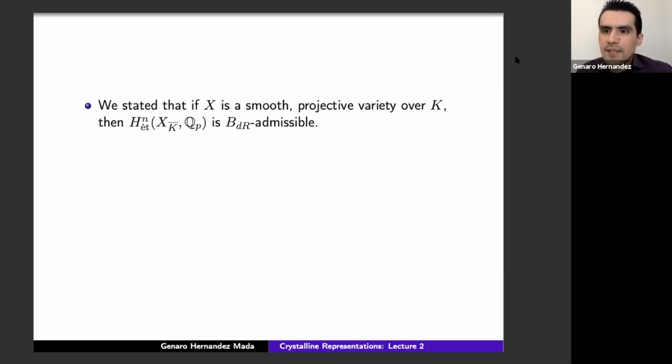Rogelio said in his course that this is actually a little different from the normal étale cohomology with coefficients in Q_p. But anyway, the thing is that it is a B_dR-admissible representation. We saw that the G_K-invariants are exactly K.